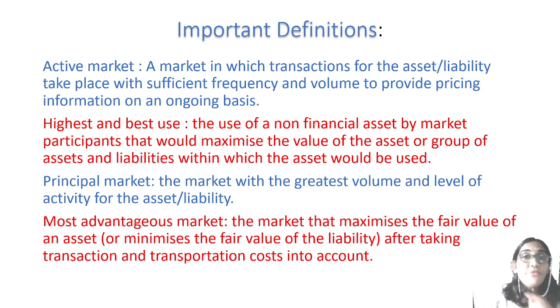The point you need to remember here is to identify the most advantageous market, you will consider the transaction cost. But for measuring it at fair value, you will not consider the transaction cost. Look out for my next video where I have explained it using a practical question.